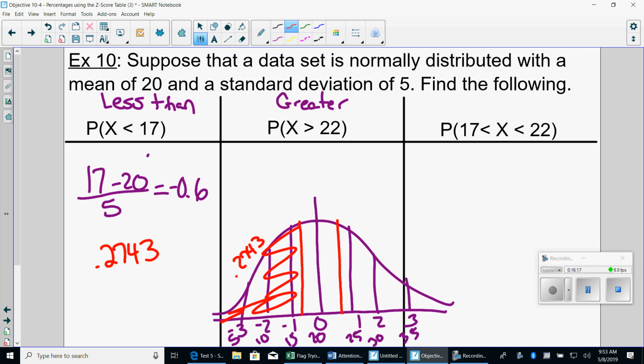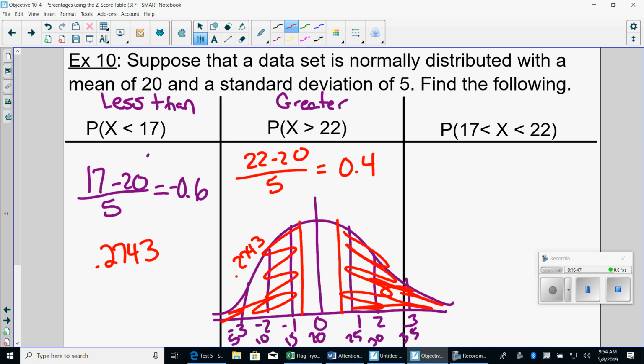Okay, all right, then I'm going to mark 22. And if I did 22 minus 20 divided by 5, I would get 0.4, right? And this time I want what's greater than. Okay, so if I used my table, 0.4, what would be the probability according to our table? So 0.4 would be 0.6554.